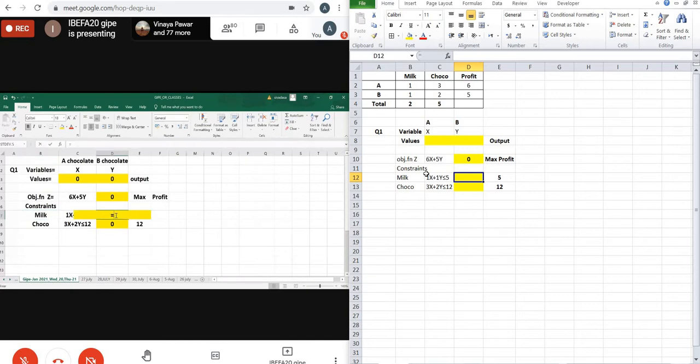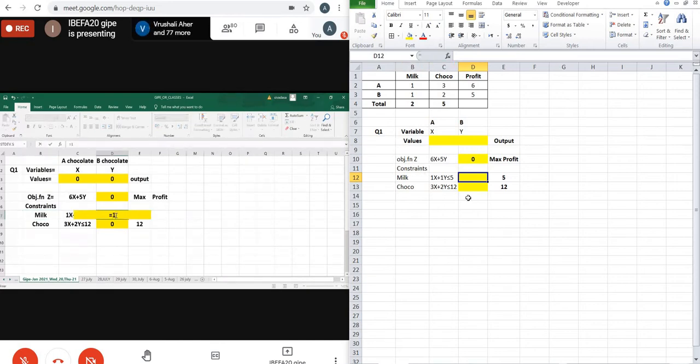Formula: 1 multiplied by C3, 1 multiplied by D3, and should not be beyond 5. Choco. 3x plus 2y less than or equal to 12.